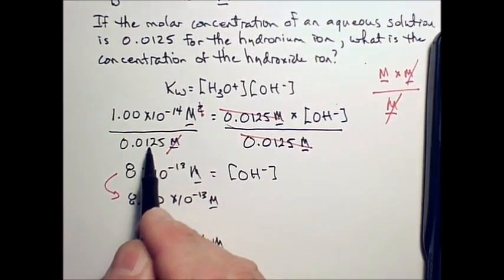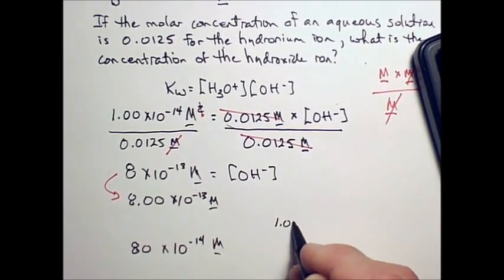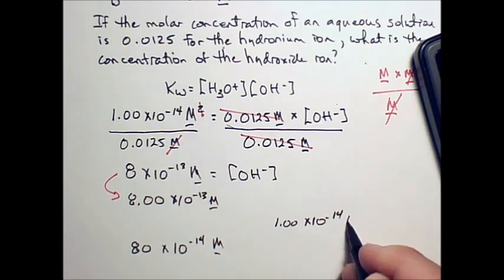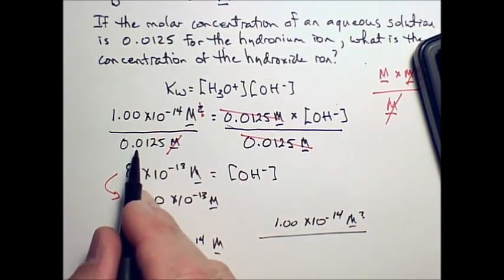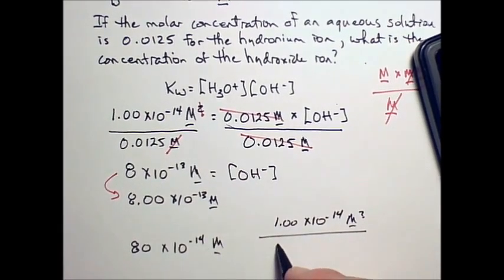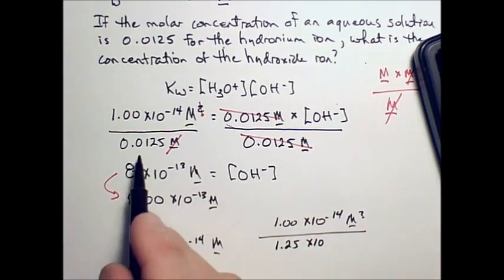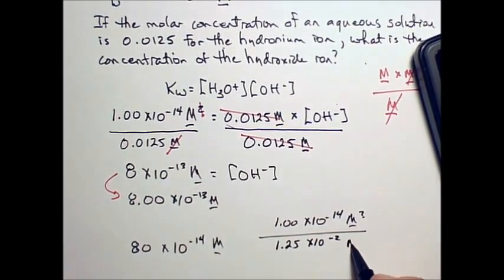This number I can write as 1.00 times 10 to the negative 14 molar squared. I'm going to write this number here in exponential and scientific notation: 1.25 times 10, move the decimal place 2 places, times 10 to the negative 2 molar.